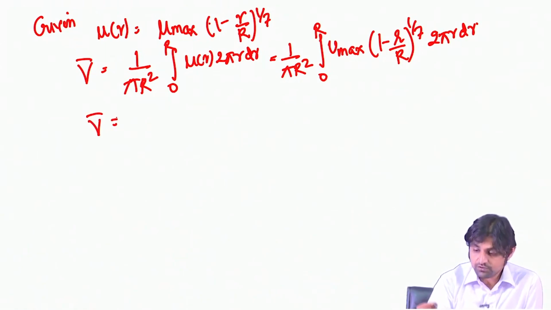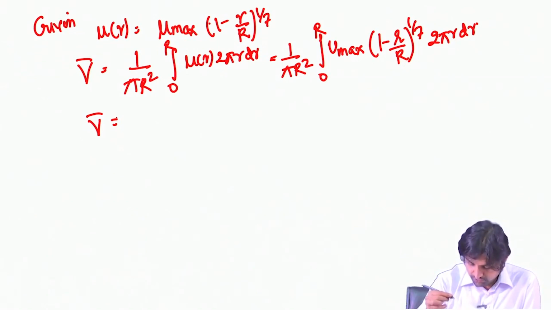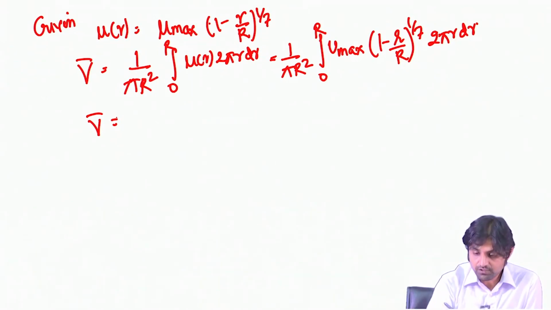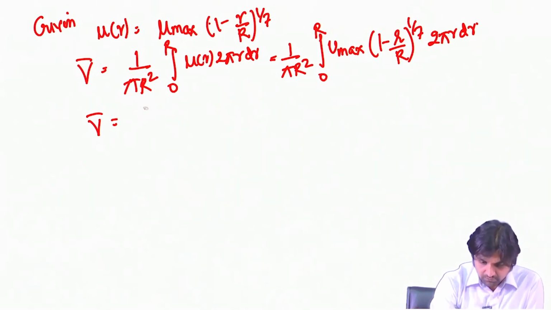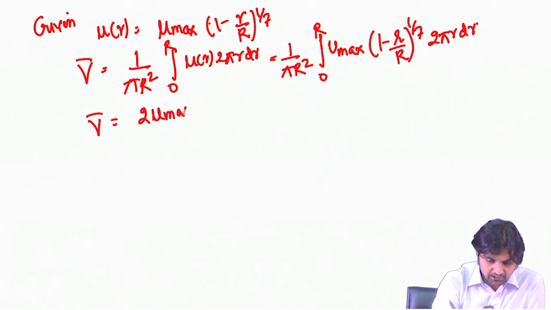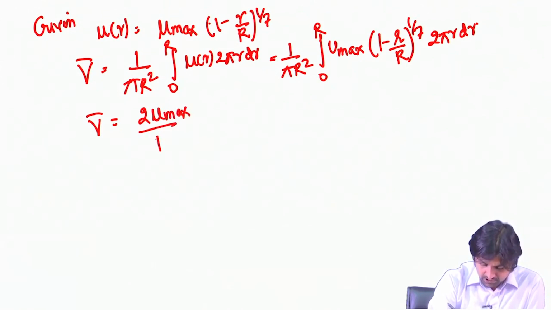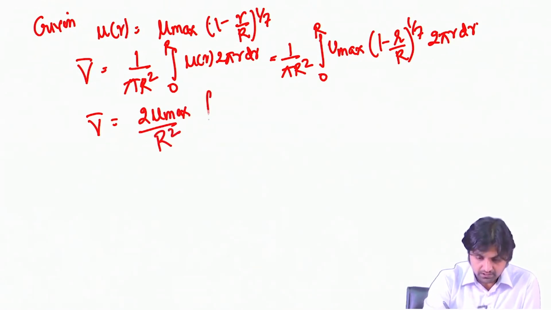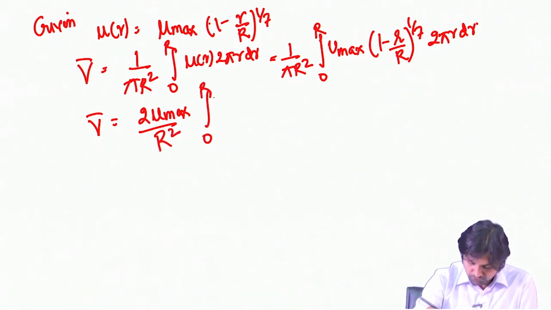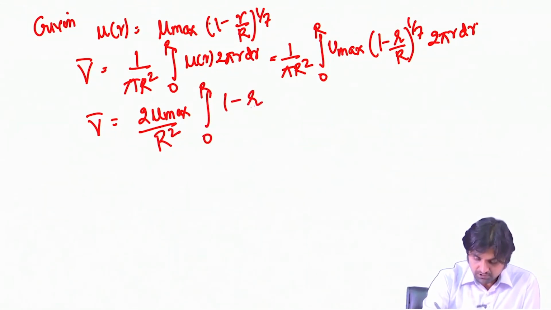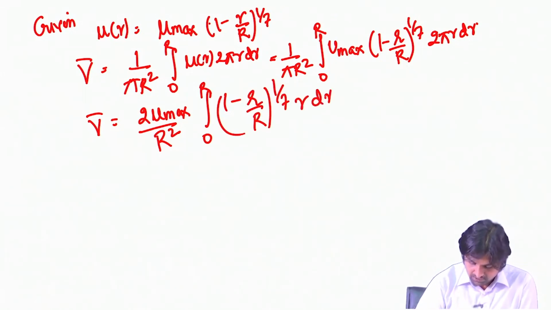So, pi gets cancelled, 2 comes out, so it becomes 2 u max by R square integral 0 to R of 1 minus r by R to the power 1 by 7 r dr.